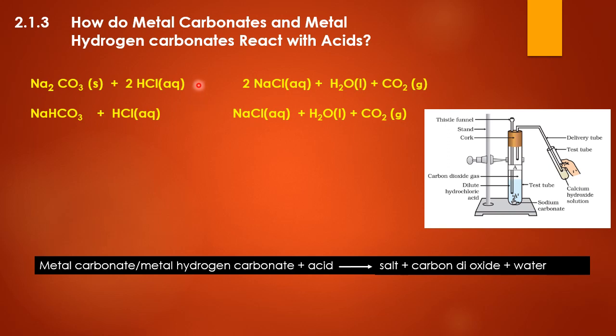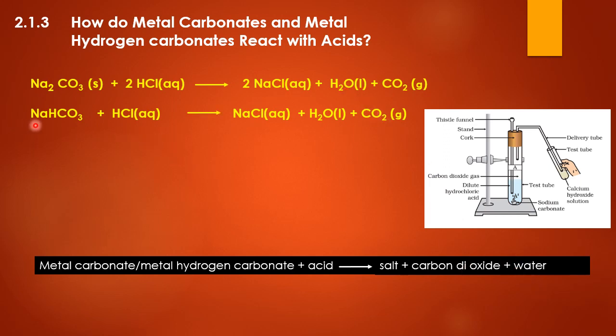Here are examples of reaction between metal carbonate and acid, metal hydrogen carbonate and acid. In the first equation, when sodium carbonate reacts with HCl, we get sodium chloride, water and carbon dioxide. Sodium chloride salt, carbon dioxide and water.